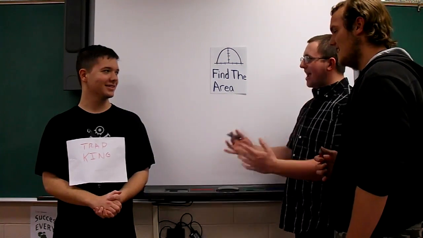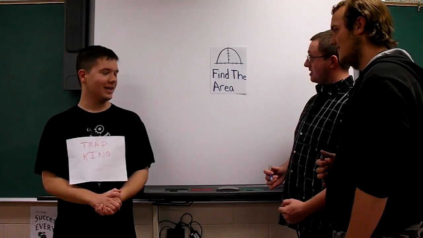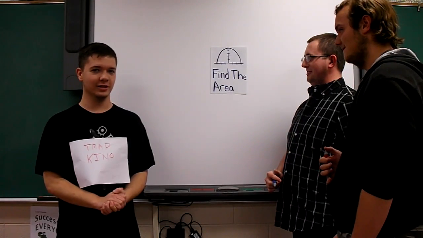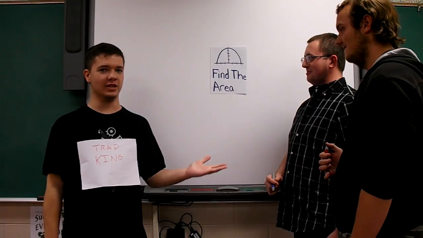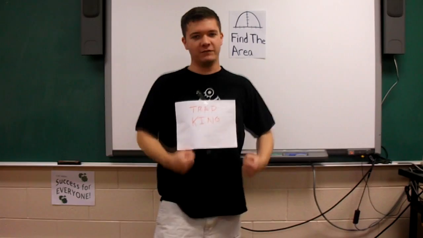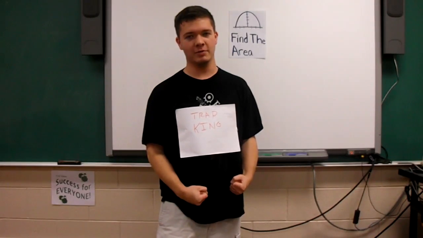Wow, that was amazing. Are there any other rules we could use? I'm glad you brought that up, because there is more! We have the Riemann sums! That's right, you can also find the area with these equations as well. Just note that right Riemann sum is an overestimate, while left and midpoint are underestimates, similar to the trapezoidal rule. Find the area with Trapezoidal Rule and Riemann sums.